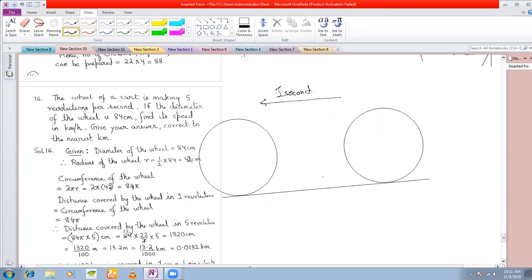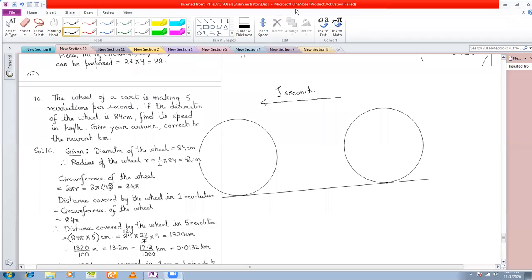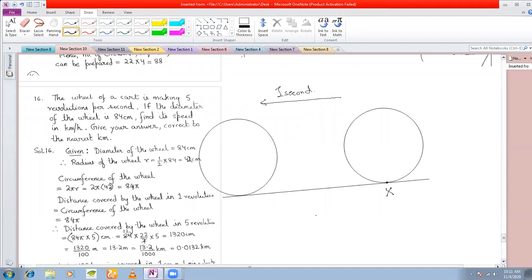Now consider this point that is in contact with the ground. Let us say this point is X. This wheel is rotating in this manner, and say after one complete revolution, this point X comes back here. Then can you tell me what should be this distance?